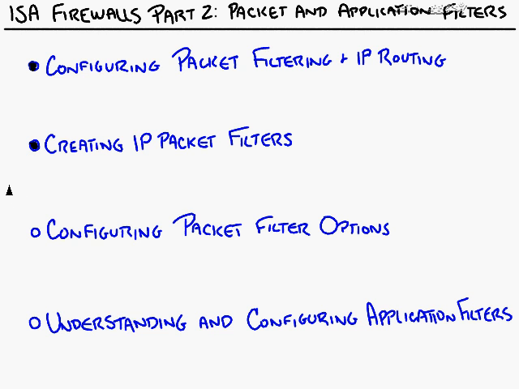We also set up the packet filtering options, which focus primarily on security, watching for those IP packet fragments, intrusion detection, things like that. Finally, we talked about one of the most potentially expandable areas of ISA server, and that is the application filters, which look beyond the port numbers into the application layer data.